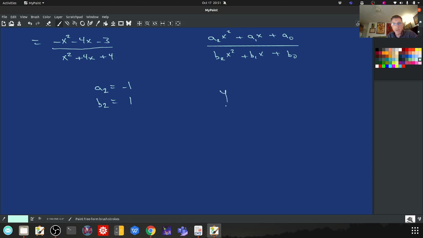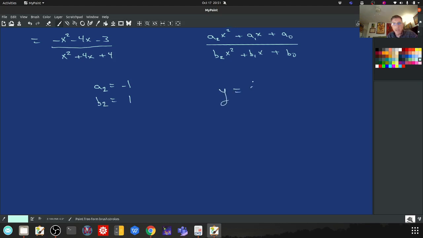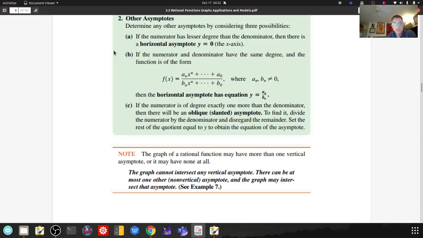So the line y is equal to a2 over b2, which is minus 1 over 1, is equal to minus 1. And indeed, by easier methods, we discovered that y is equal to minus 1 was the horizontal asymptote. But now we're literally using this. So let's look at this again and discuss it.